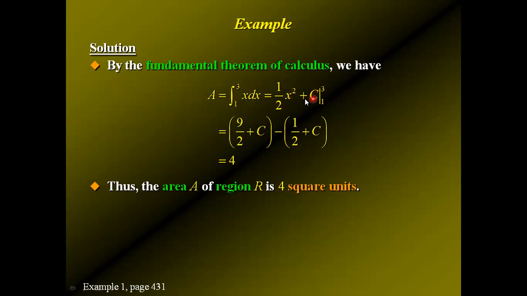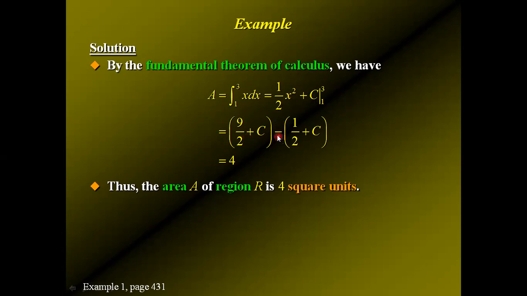Then plus c, which we use for an indefinite integral, but remember we have to put the definite integral values 1 and 3 in a bracket or line. 3 is the upper limit and 1 is the lower limit. We put 3 in place of x, giving 9 by 2 plus c, then we use minus.